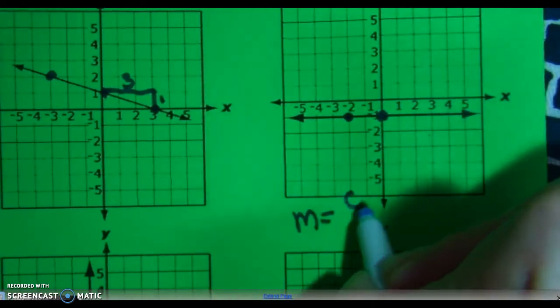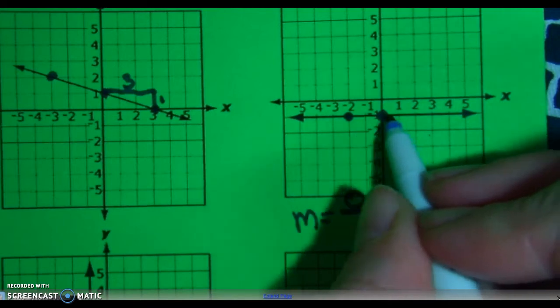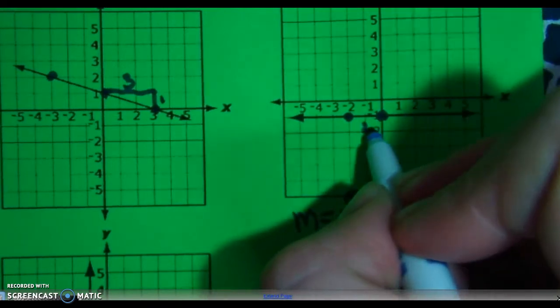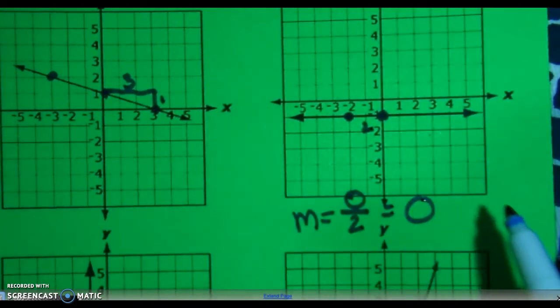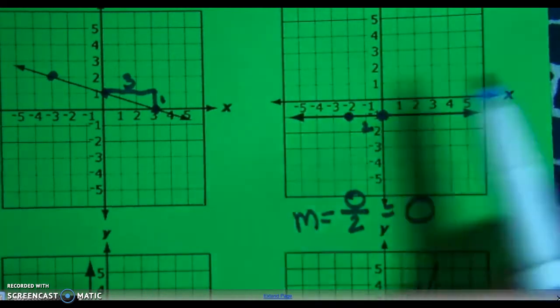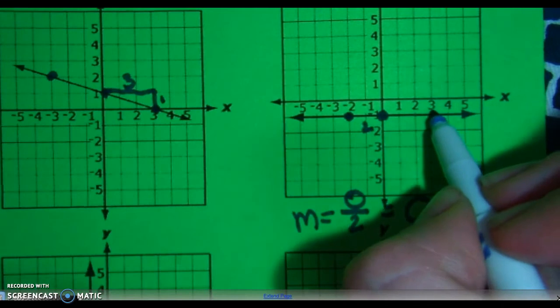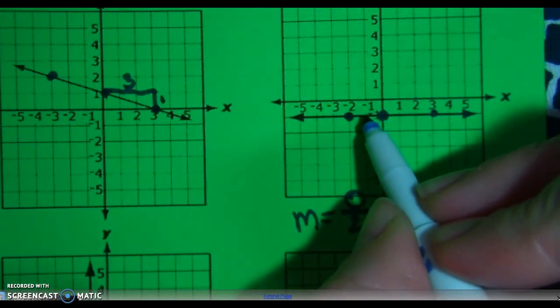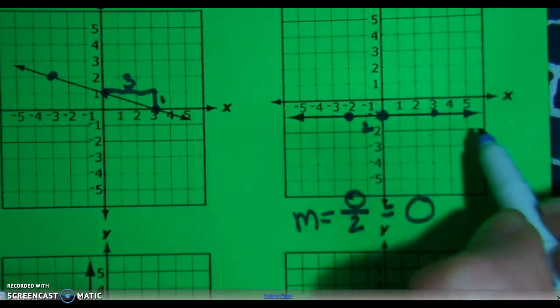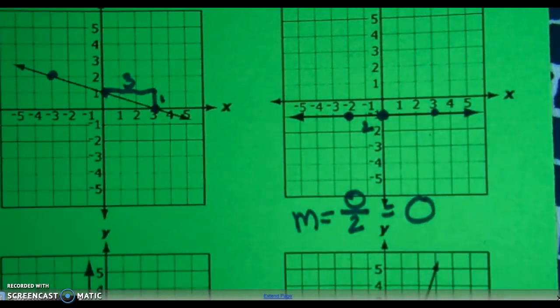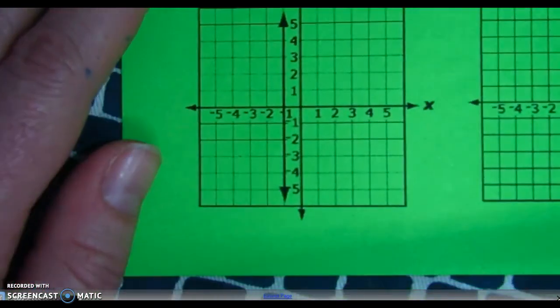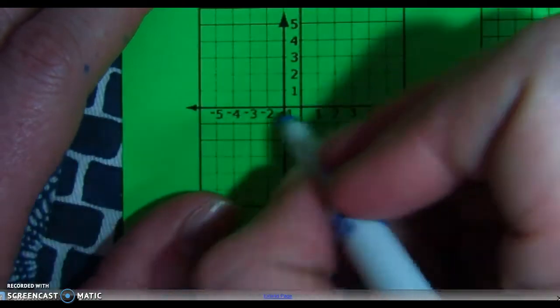So here I have 0 up, and I went over 2, and that simplifies to 0. So that's why slope dude says 0 fun. This would always simplify no matter where I pick a point. So even if I picked over here, I would be 0 over 1, 2, 3, 4, 5, and 0 over 5 simplifies to 0.